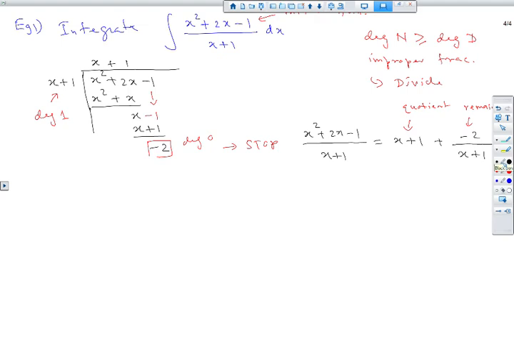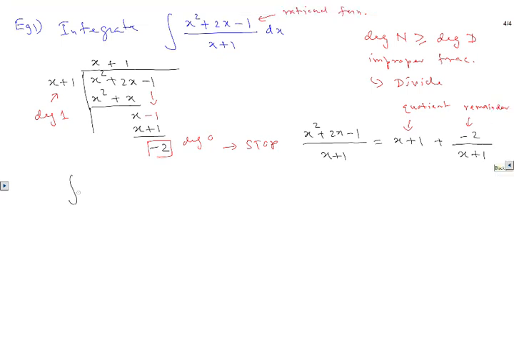So we can integrate x squared plus 2x minus 1 over x plus 1 dx. And we know that this is exactly equal to x plus 1 minus 2 over x plus 1. Now we're going to integrate term by term. If you integrate the first one, you're going to get x squared over 2 plus x.